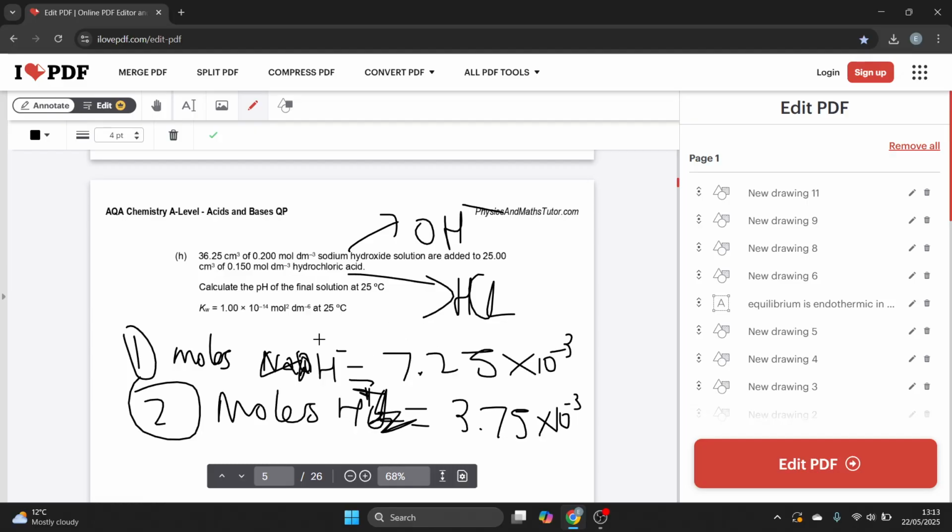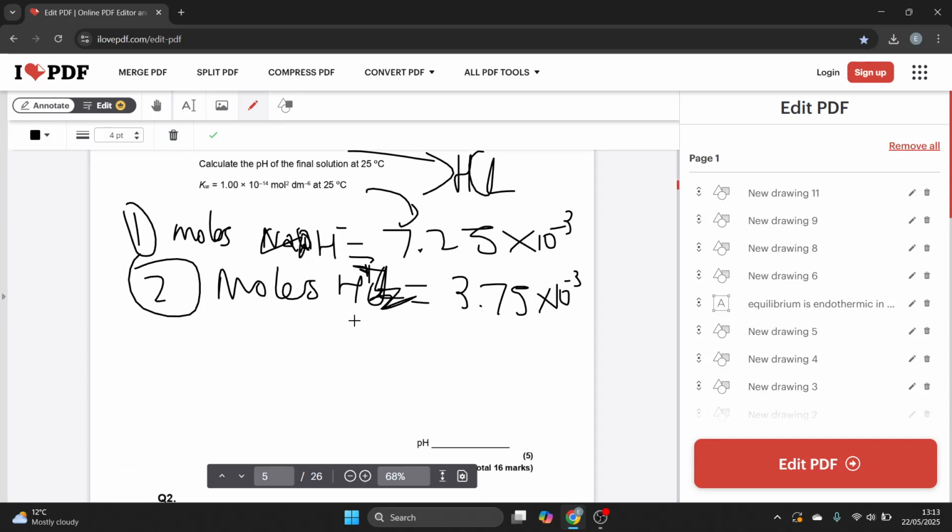I can clearly see OH minus is in excess. If I can work out the number of moles of OH minus remaining, then I can work out the concentration, then the concentration of H plus, and then the pH. It's just a methodological approach.